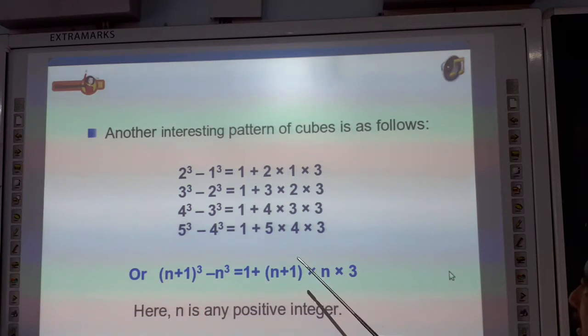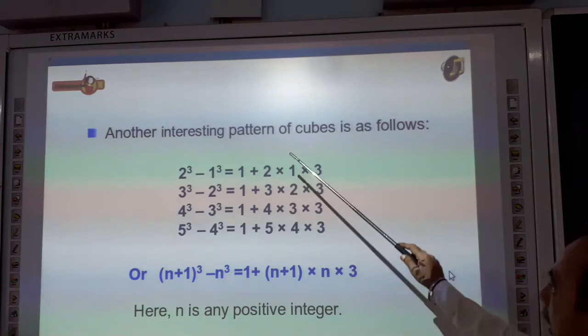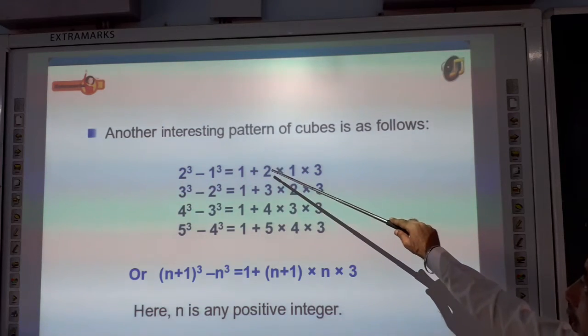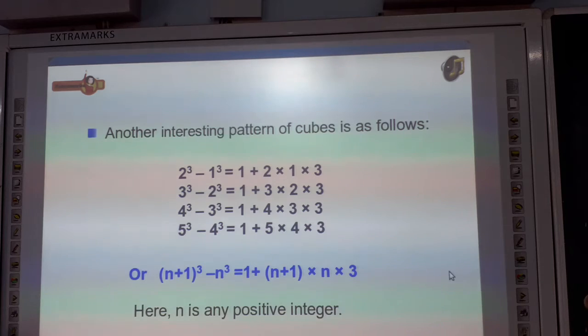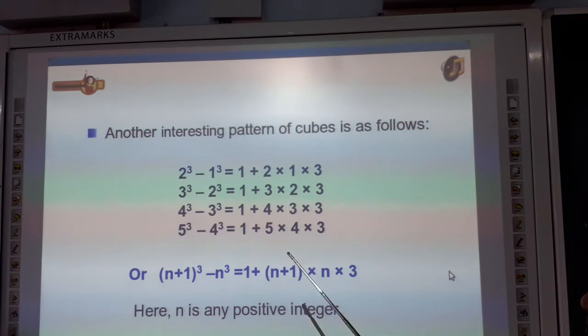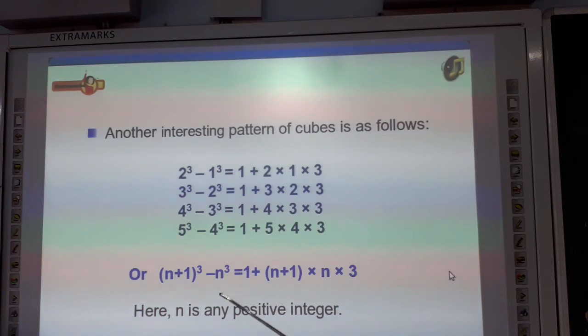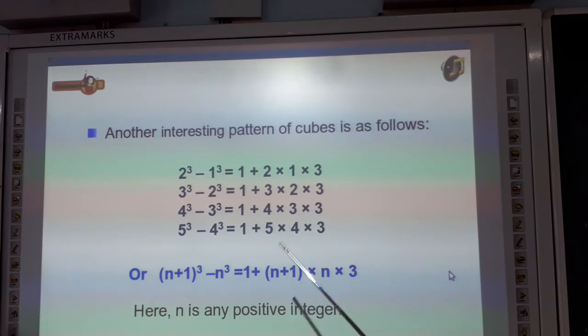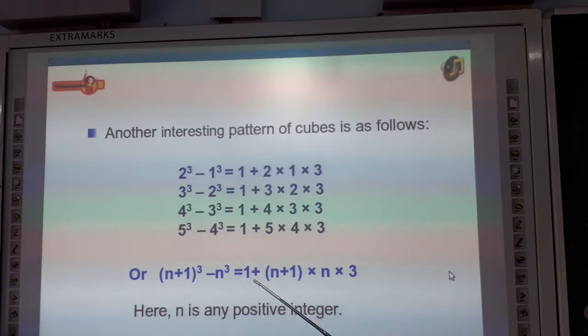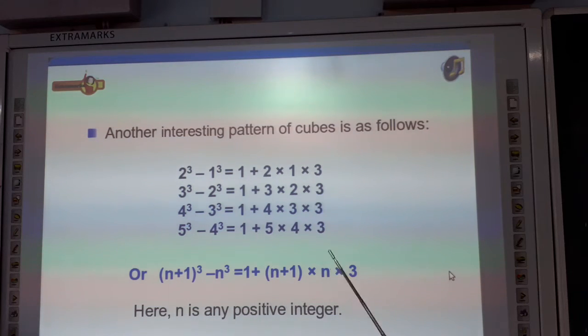This 3 will remain the same, 1 will remain the same, and here we are moving from 2, 3, 4, 5, and here 1, 2, 3. In this way we can get the difference of two consecutive cubical numbers in a short way using this pattern, and the formula for the pattern is 1 plus (n plus 1) into n into 3.